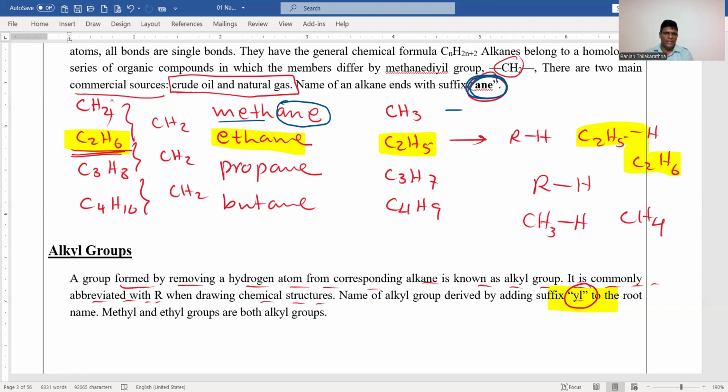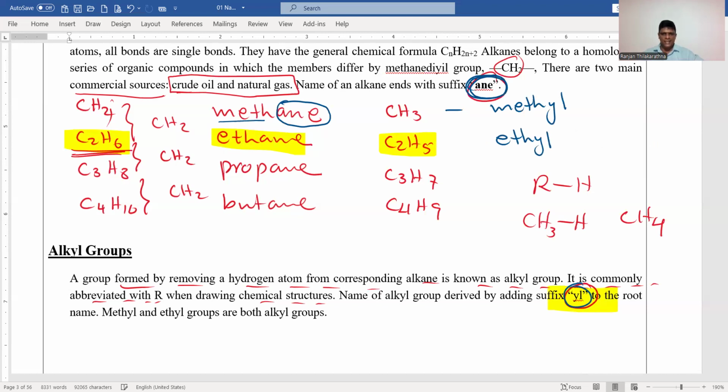Then you remove that n part and add YL to indicate it is an alkyl group. So the name will be methyl. The 2-carbon alkane is ethane, you remove n and it will be ethyl.